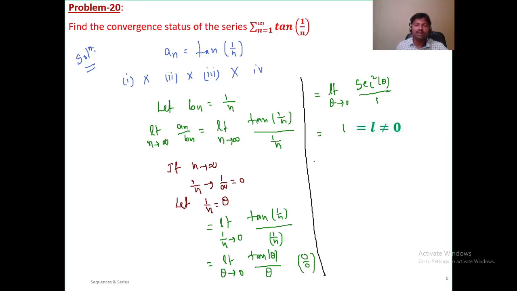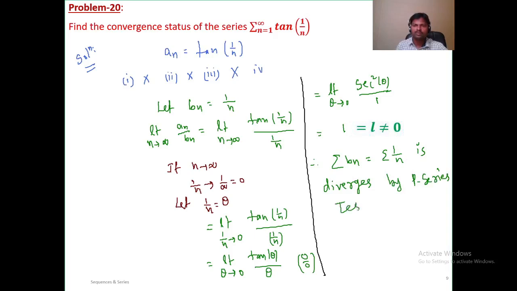So therefore by the limit comparison test, first statement, both converge or diverge together. So series Bn, which is series 1 upon n, diverges. It is the harmonic series, right? By using the P series test it diverges, because P is equal to 1 here.